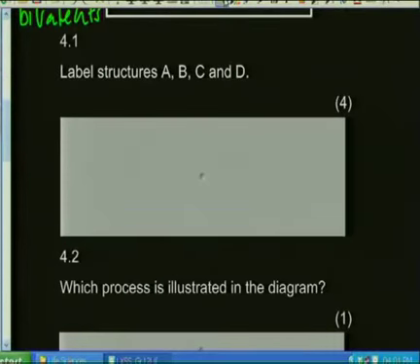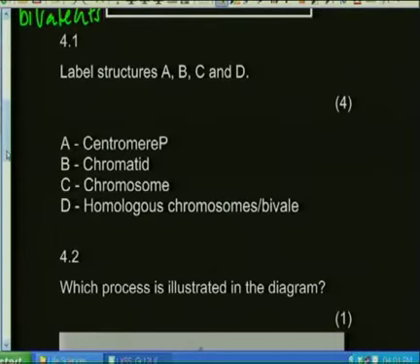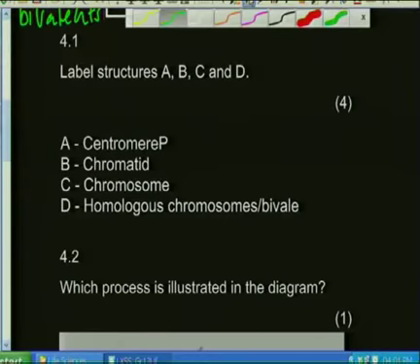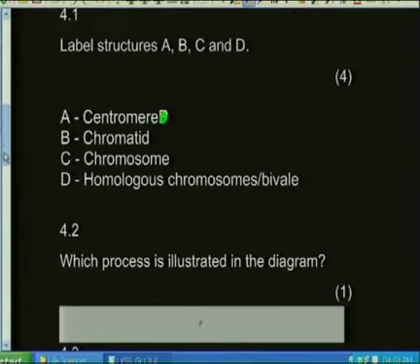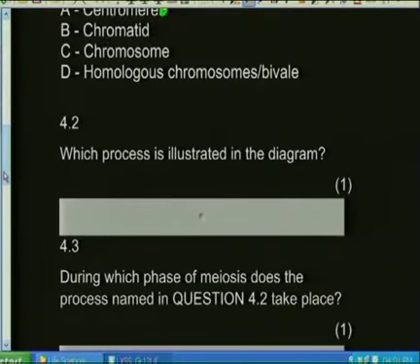Let's look at the answers. Centromere was A, B was a chromatid, C chromosome, and D was the homologous chromosomes or bivalent.